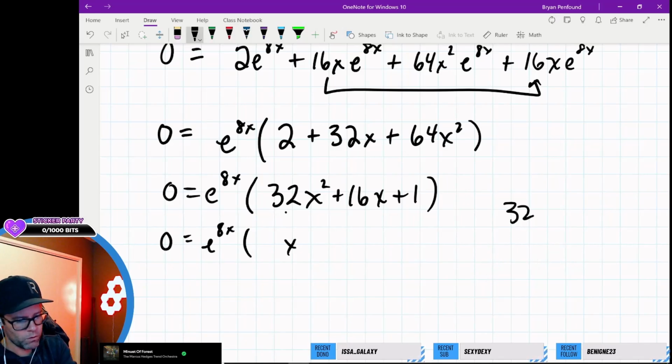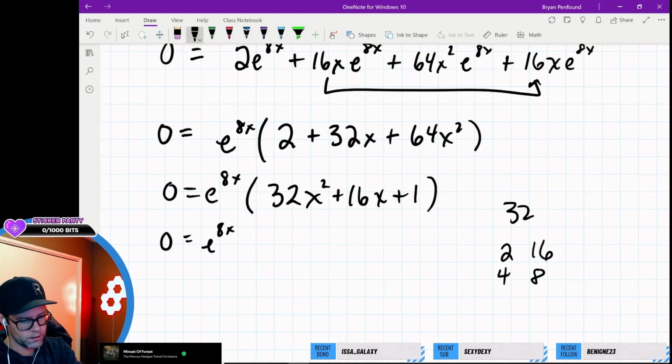What are my factors that I need here? Those are the only factors I have. This might not be factorable then.